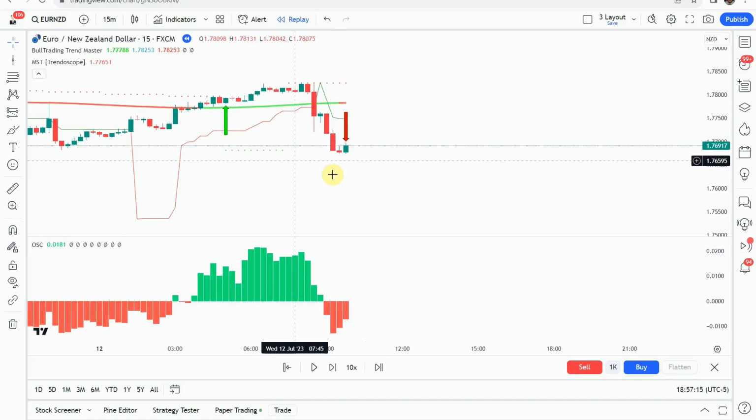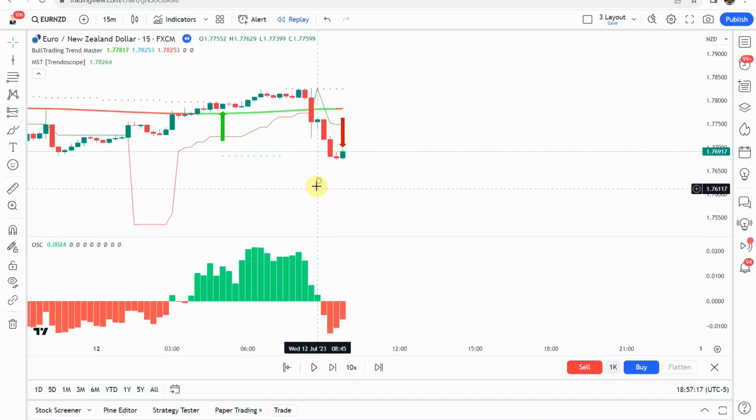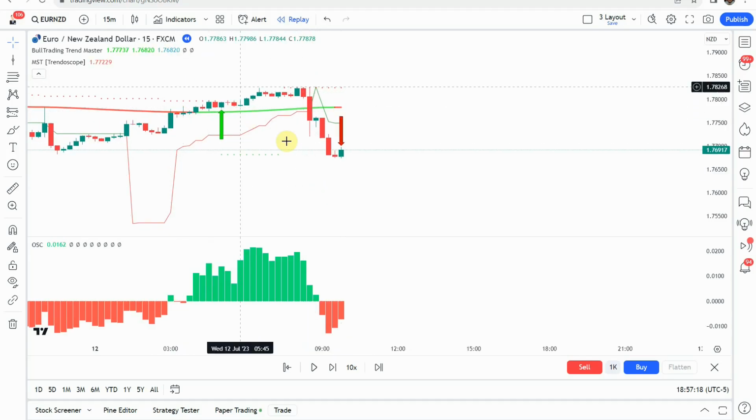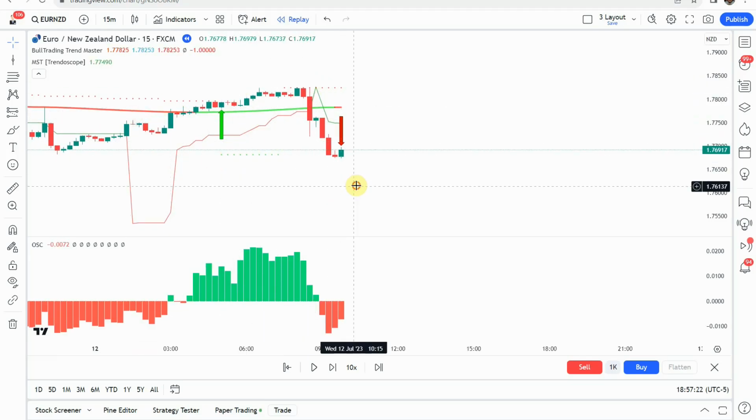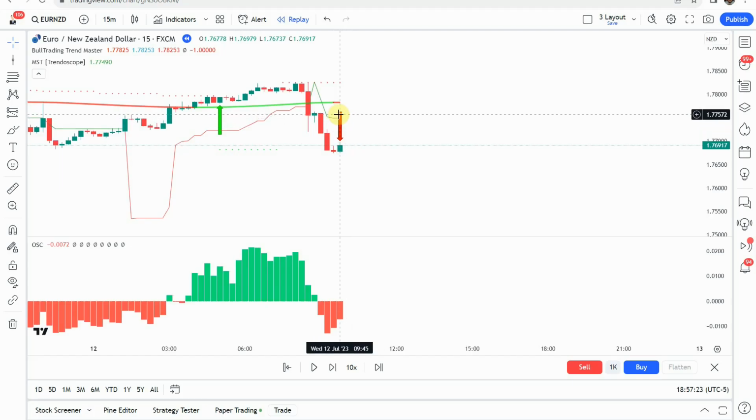And now I know that there is, again, a lot of other things going on with this that you would think you would take into consideration some more things, but you don't. You just look for the red arrow that comes from the trend master indicator, and you're looking for the red bar on the Saudi oscillator there.